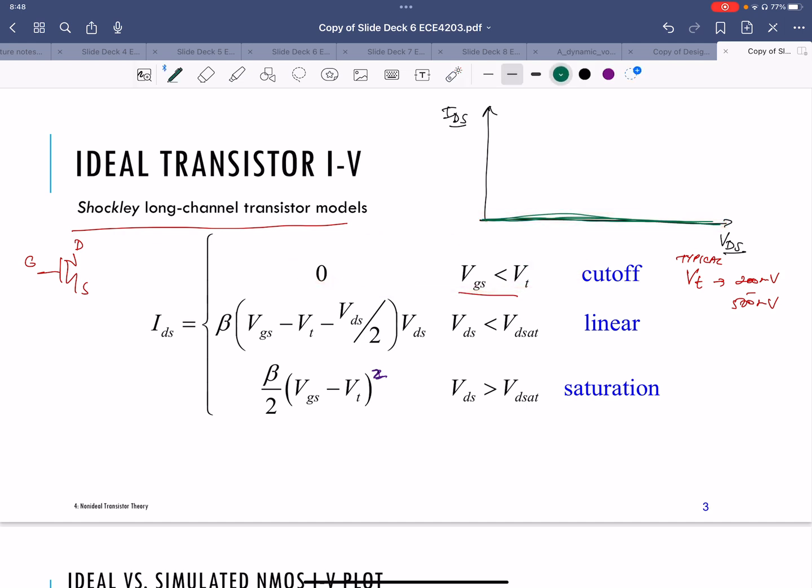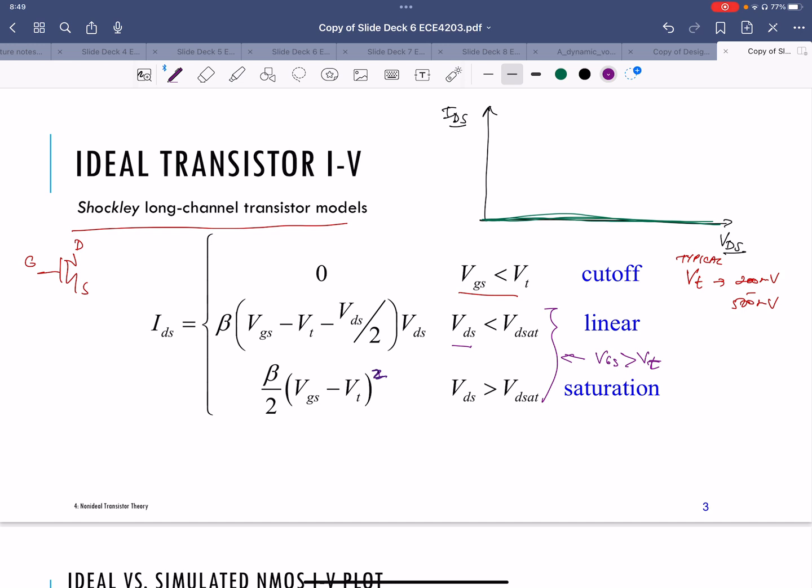Then you get this region, the so-called linear region. Here, VGS has to be greater than VT, and for those cases the transistor turns on.